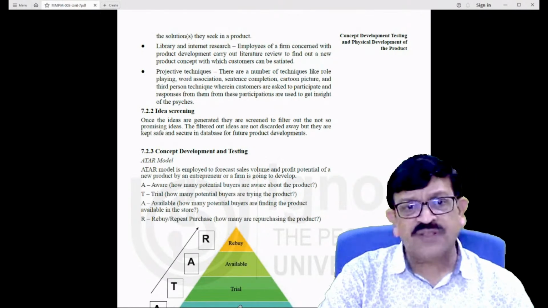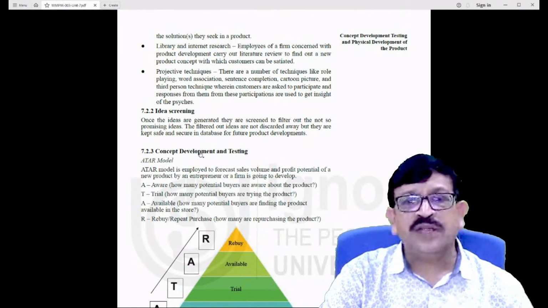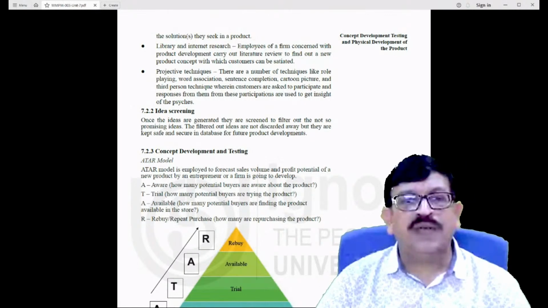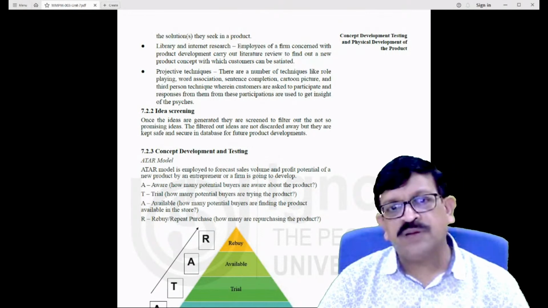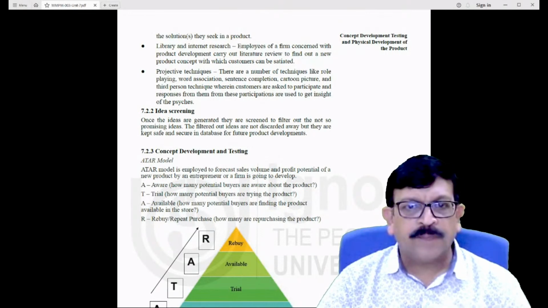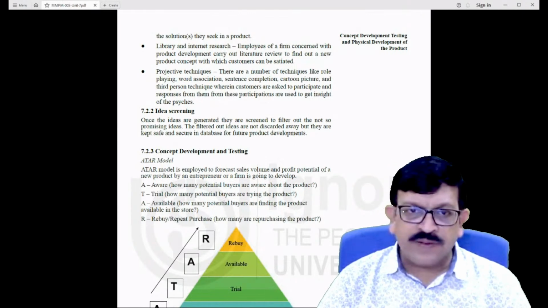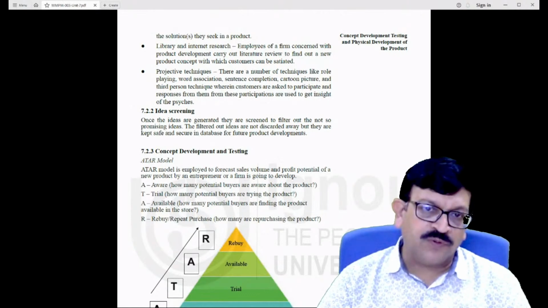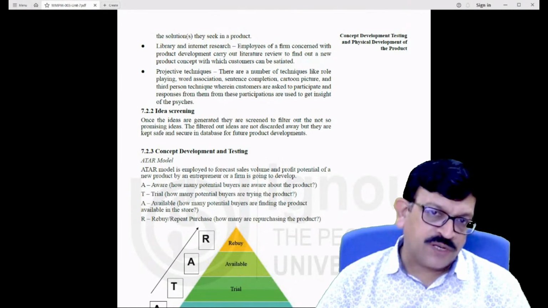After that, once the ideas are developed, obviously we look into the screening part. We've already dealt with the screening part of the ideas, how to filter them out and make them more acceptable in terms of ratings and things like that. Once we know that the ideas are screened and we are able to zero in from a larger number to a manageable few, we also break that out in terms of, as I told you, the implementation part.